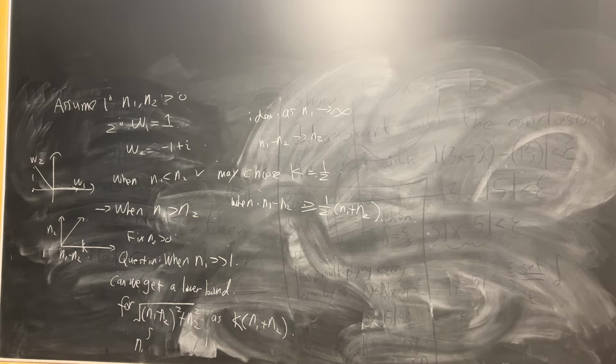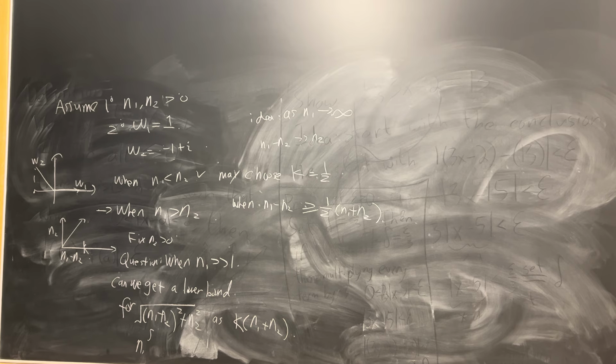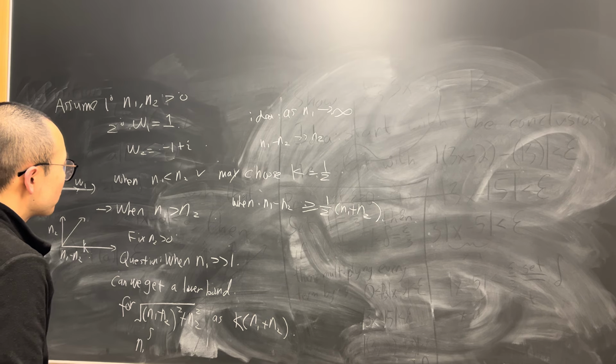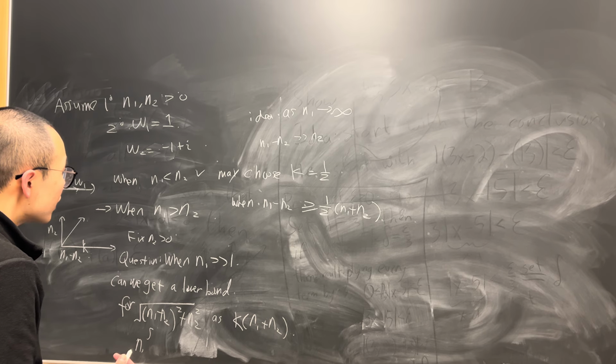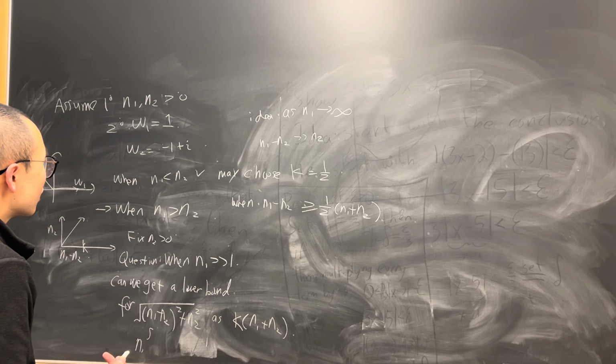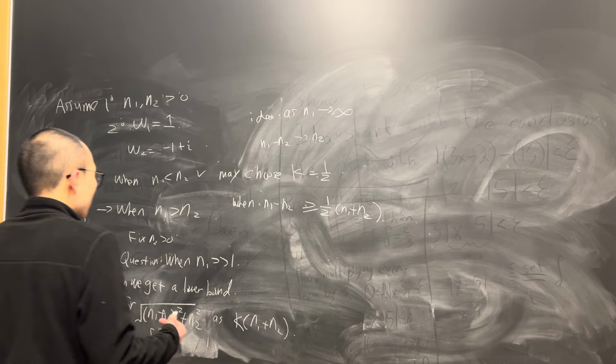It's definitely true when N1 is really large. So how large does N1 need to be to satisfy the condition? It's definitely not true when N1 is equal to N2.